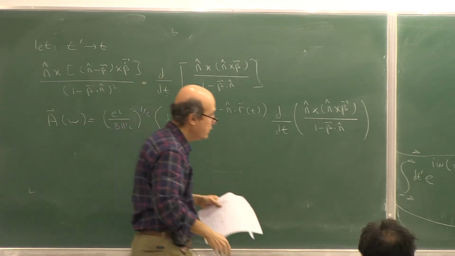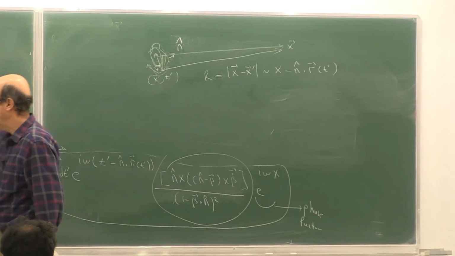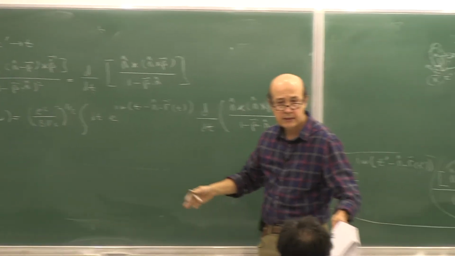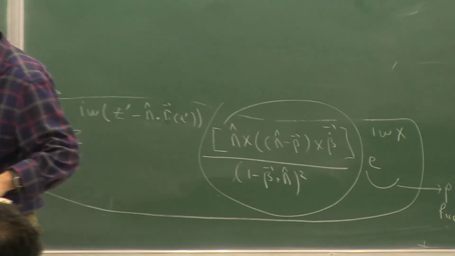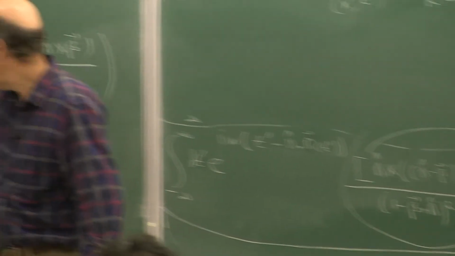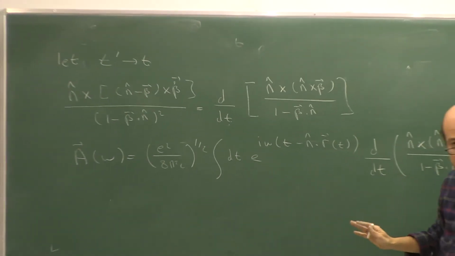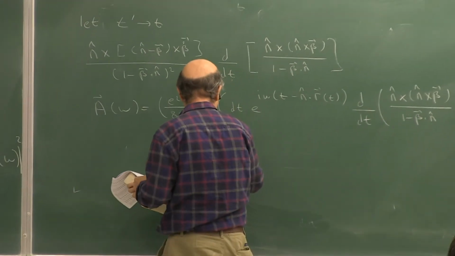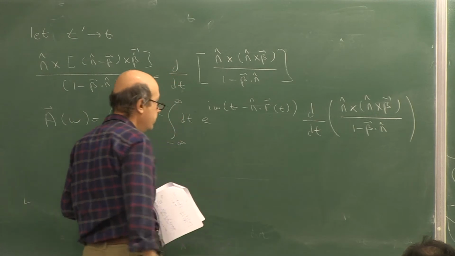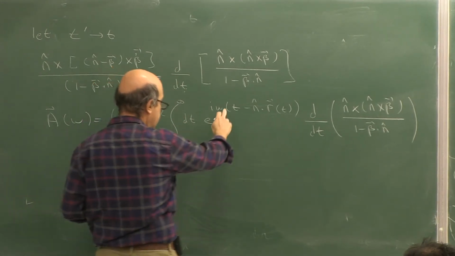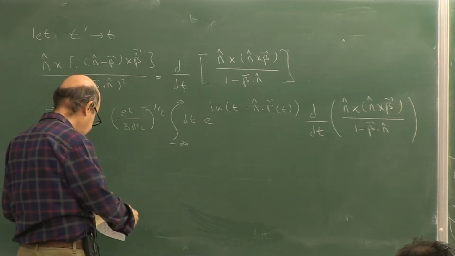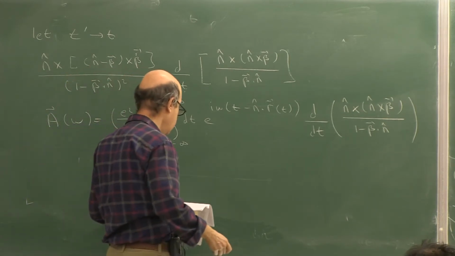This whole bunch is d over dt. If you rename t as t prime, nothing will be changed, because this is a dummy integration parameter. You can call t as t prime. Then you can apply the integration by parts.